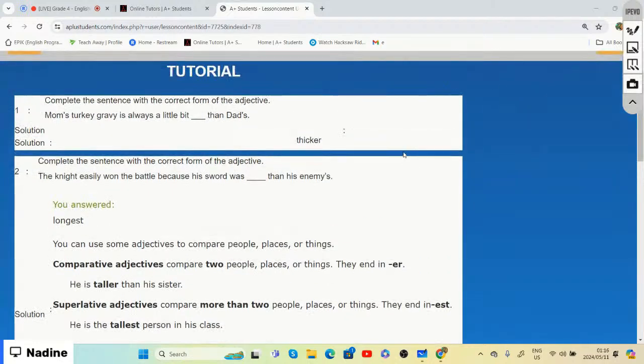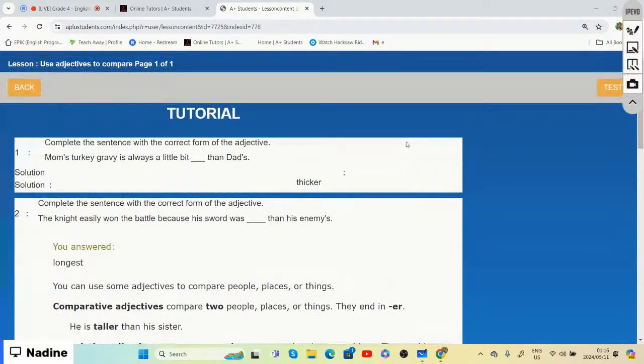Now we're going to complete the sentence with the correct form of the adjective. It says, Mom's turkey gravy is always a little bit than Dad's.